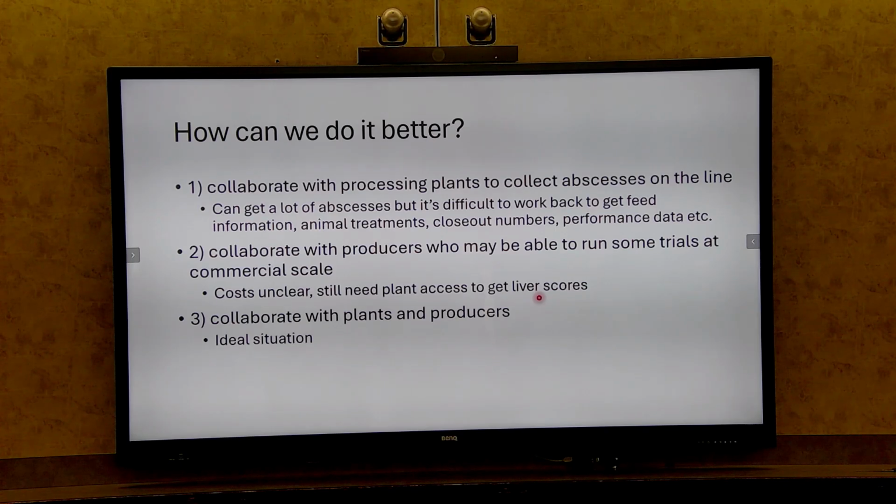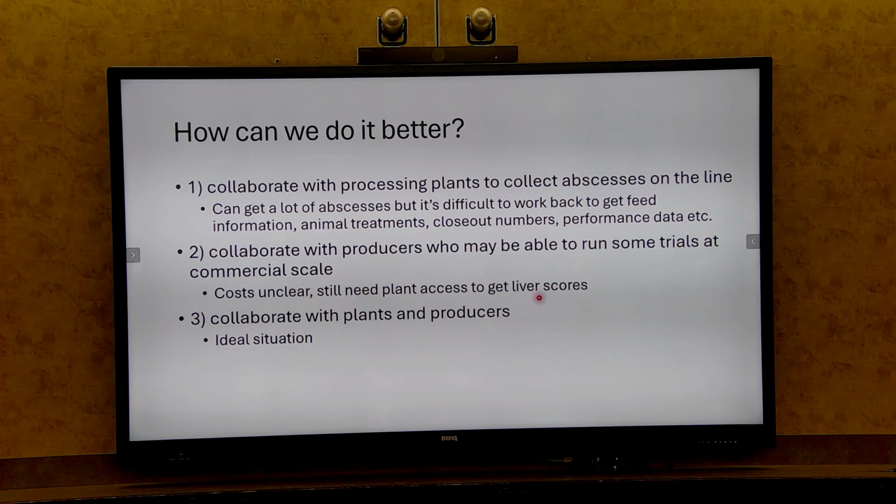What's more difficult is how can we trace back those livers to metadata like animal performance, animal treatment, diets, etc. So there you need relationships with both the plants and relationships with producers. So the ideal situation is you can collaborate with a producer who might be able to run some sort of trial at a commercial scale.